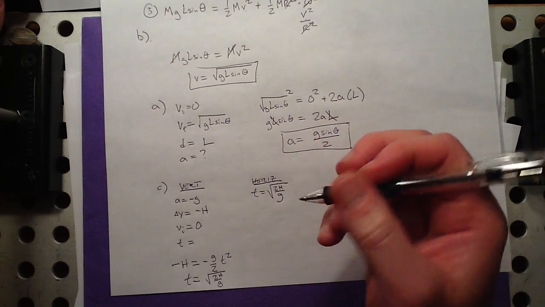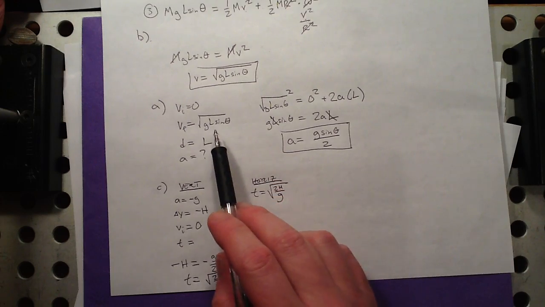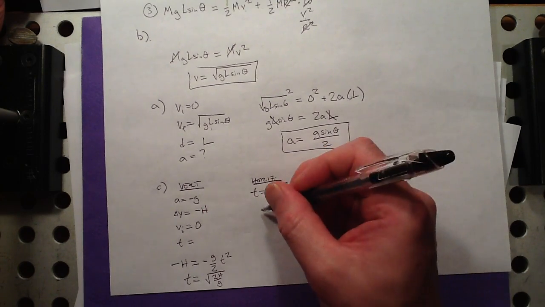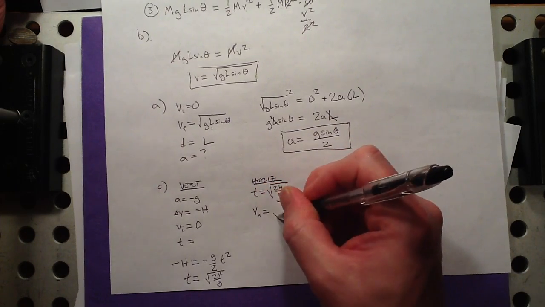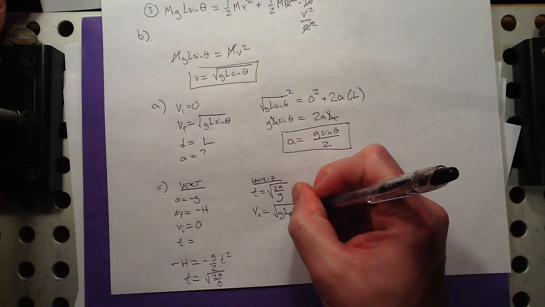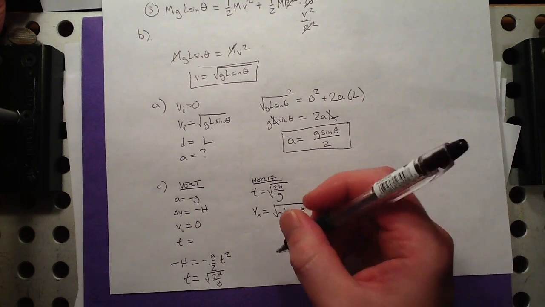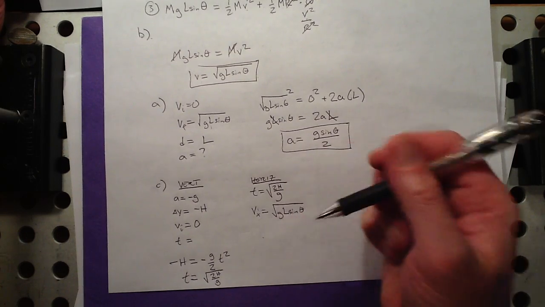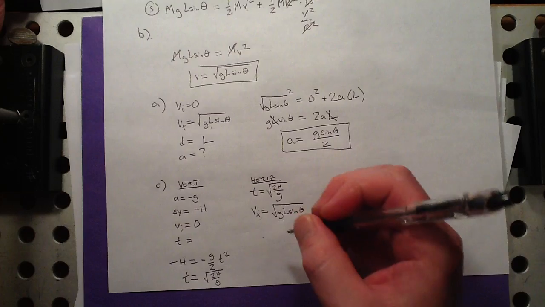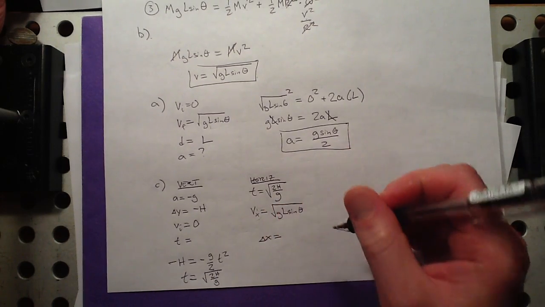So 2h over g, and the horizontal velocity is this, right? So Vx, we're going to call it now, is the square root of GL sine theta. And if you want to know how far something goes, you multiply its velocity by its time, if it's a constant velocity. So its displacement in the x direction is these two quantities multiplied together.